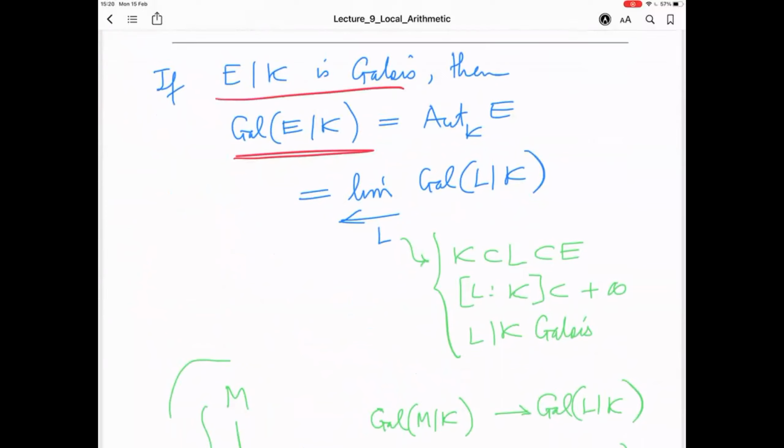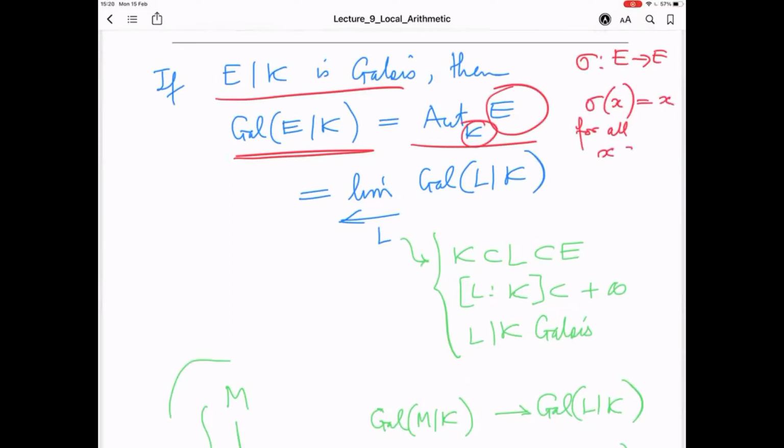I take any extension E over K which is Galois, and the Galois group is just the group of K-automorphisms of E. These are all automorphisms of the field E which leave every element of the field K fixed pointwise. That just means that sigma is an automorphism of E, and sigma(x) is equal to x for all x in K.